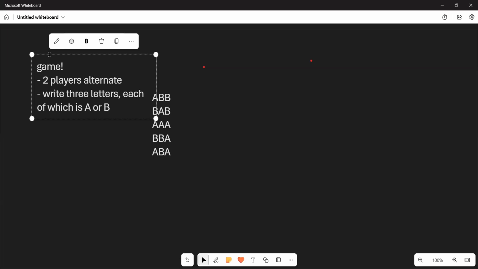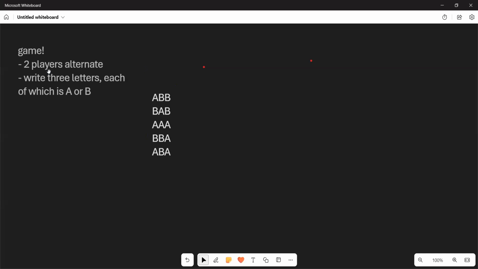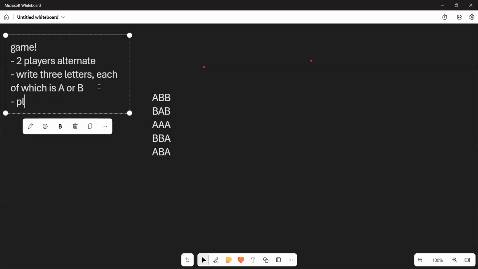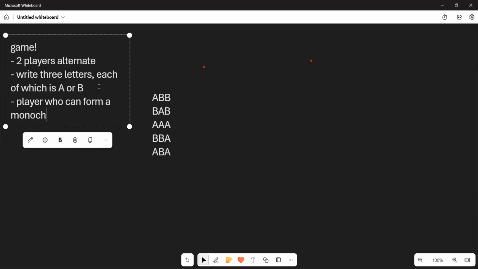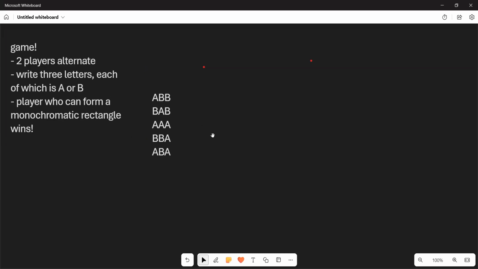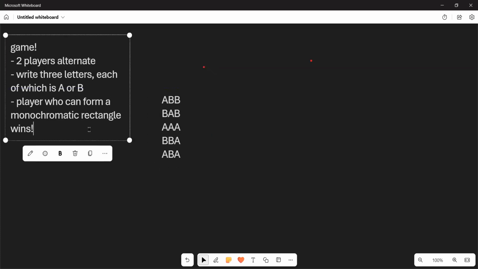We write 3 letters each of which is A or B. The player who can form a monochromatic rectangle in their turn wins.